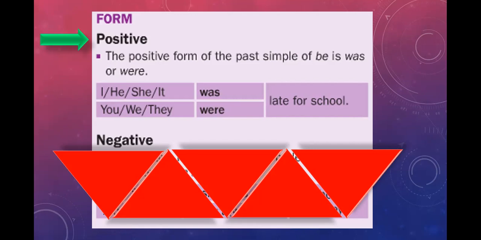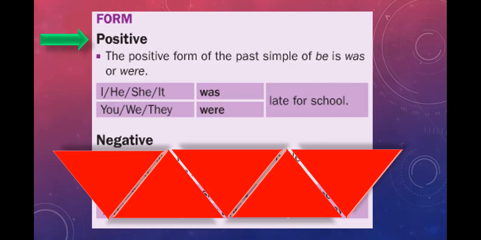When we talk about I, he, she, it, we say was. When we say you, doesn't matter if we're talking about the singular you or the plural you, we and they are going to use were. Okay, so we can say I was late for school, or she was late for school, we were late for school, they were late for school.